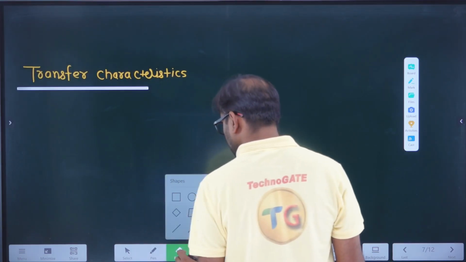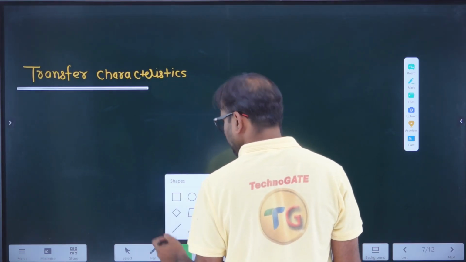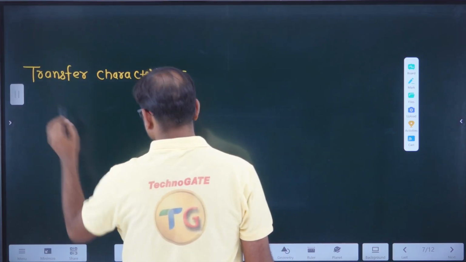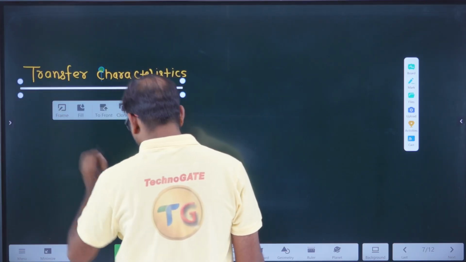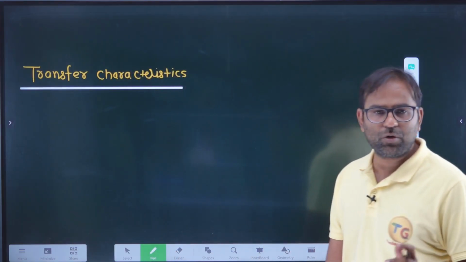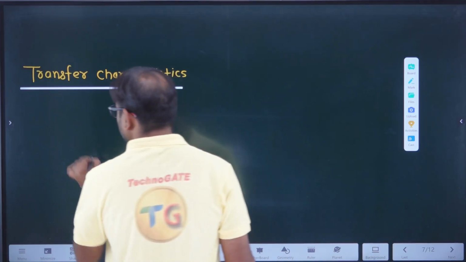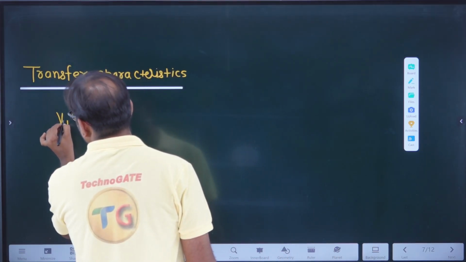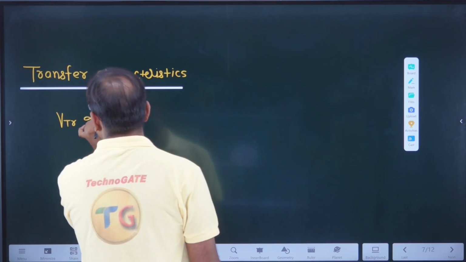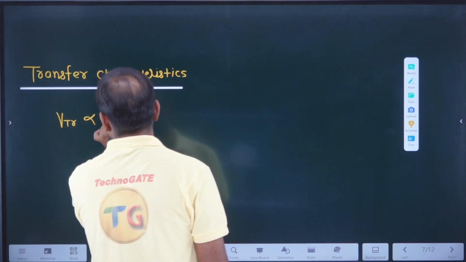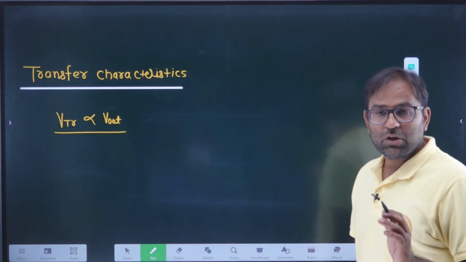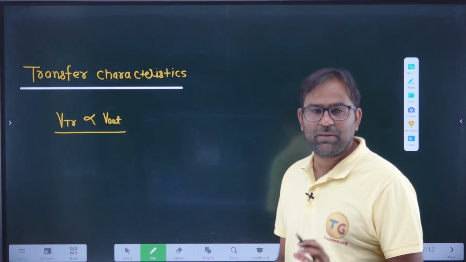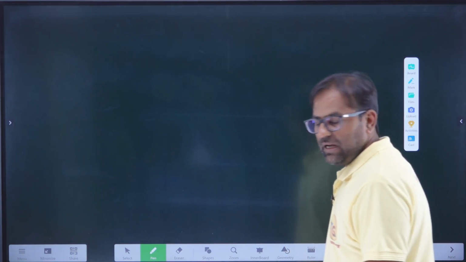And what is the meaning of the transfer characteristics? We will draw the graph between the trigger voltage VTR and Vout. This characteristic is known as the transfer characteristics. So try to understand it properly, what the transfer characteristics means.